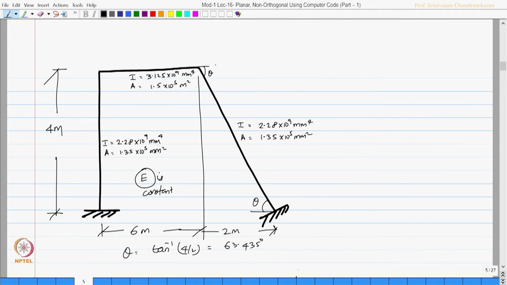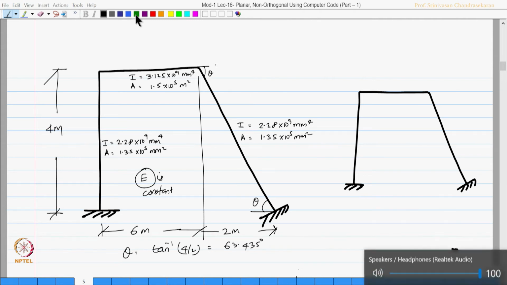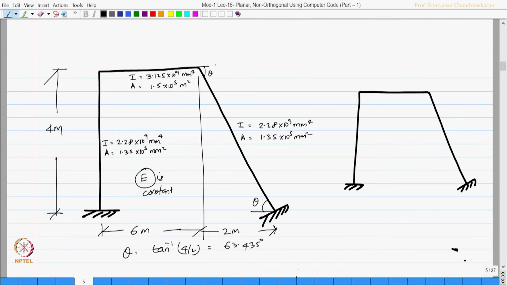Now, let us mark the degrees of freedom for this problem. Let us say the global reference axis is marked here and the degrees of freedom labels are with reference to that.